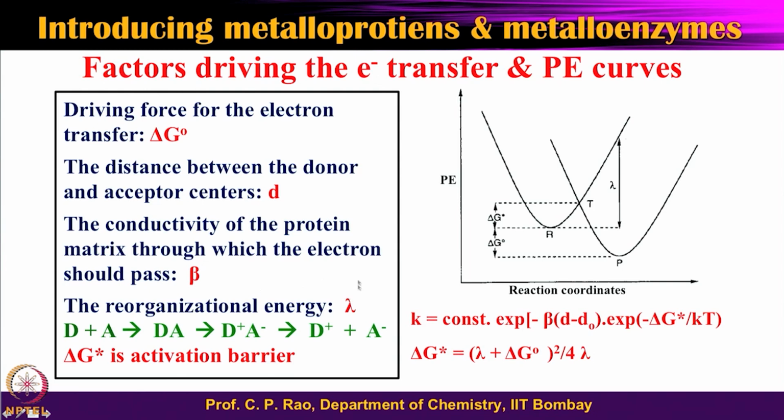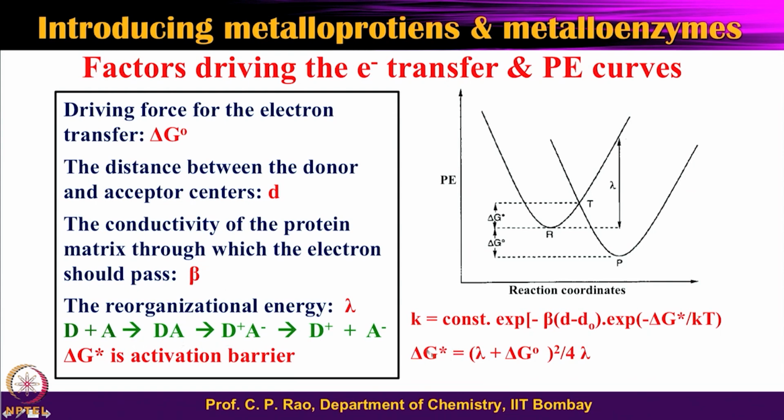So, all of these parameters I have already explained: donor, acceptor, the simple donor-acceptor complex, and then it may be the activated complex, and then the electron is transferred from the donor and accepted by the acceptor, and then those two are separated. And this obviously has an activation barrier. So, this activation barrier is dependent on what?